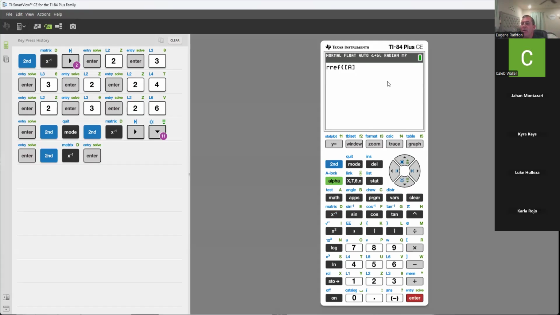Y'all, when I hit enter, the far right column will be the answers to this system. Are any of y'all doing it on the calculator as I'm going through? All right, so if you are, hit enter.